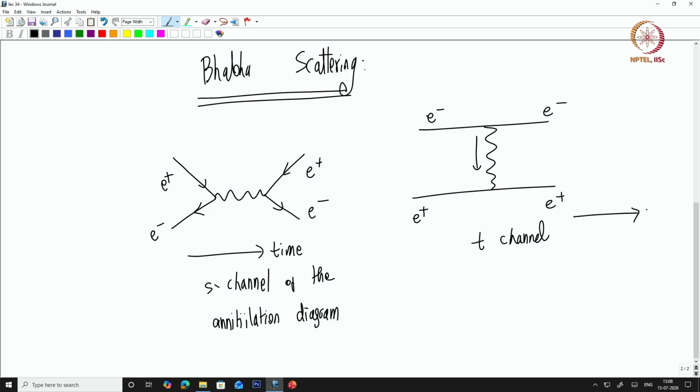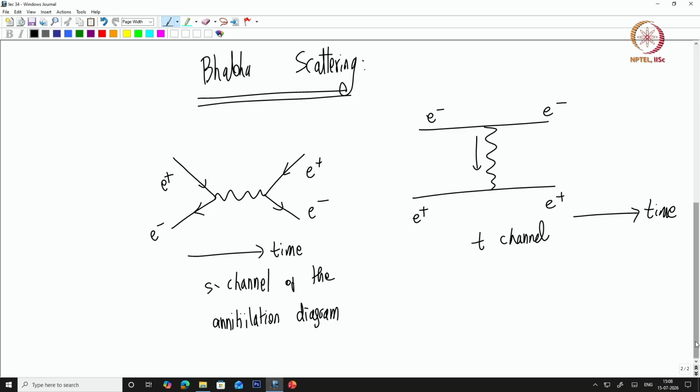Again time in this direction. Then you can look at the amplitudes of this process, and accordingly you can compute the entire cross section and so on, which has been left as an exercise.